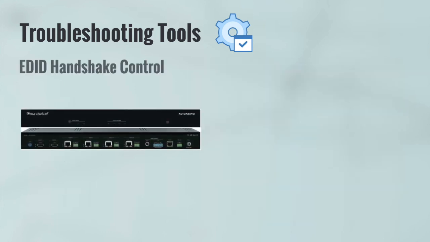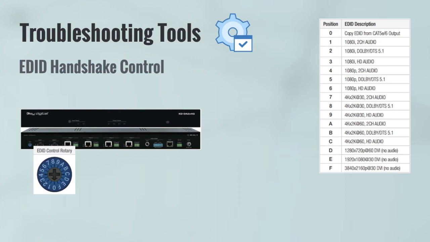Let's now look at the EDID handshaking control. EDID stands for Extended Display Identification Data, but we know it commonly as the handshake. It's a file that goes from a display to a source, informing the source of its capabilities for video resolution, audio formatting, and much, much more in the digital realm.